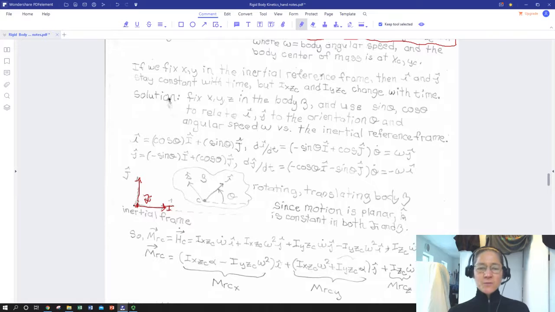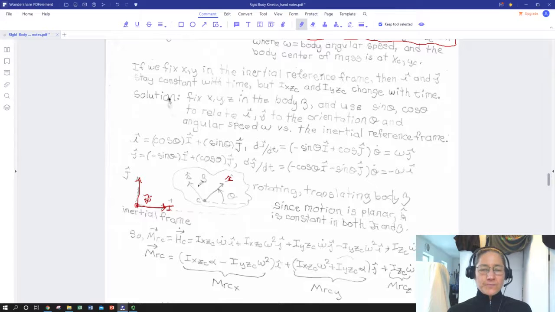If we're going to take time derivatives and try to relate forces or moments to motion, we have to take derivatives with respect to that not itself accelerating reference frame. So we're going to be looking at the time derivatives of things with respect to capital I hat, J hat. We're going to define the inertial properties, our polar moment of inertia and our products of inertia of this body, with respect to a little i hat, j hat on the body, so its own coordinate system.